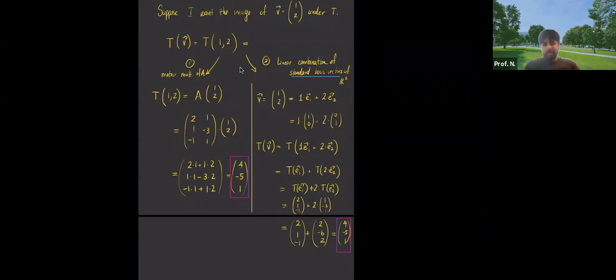Yeah, T of E1 is not E1. T of E1 is (2, 1, -1).